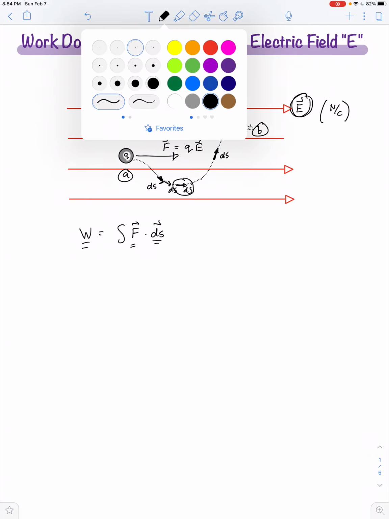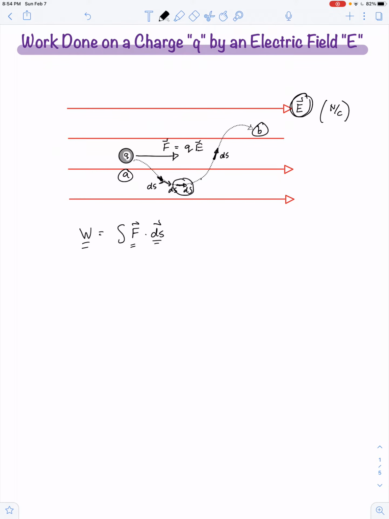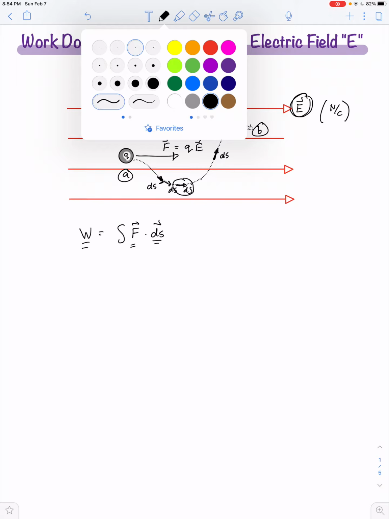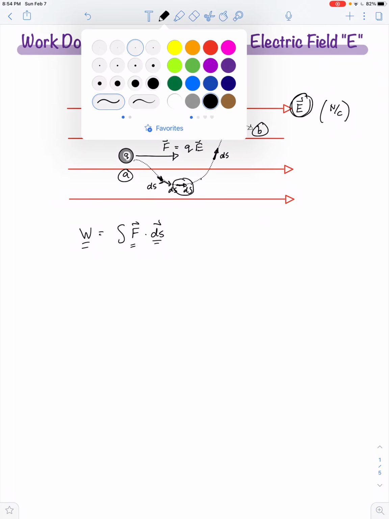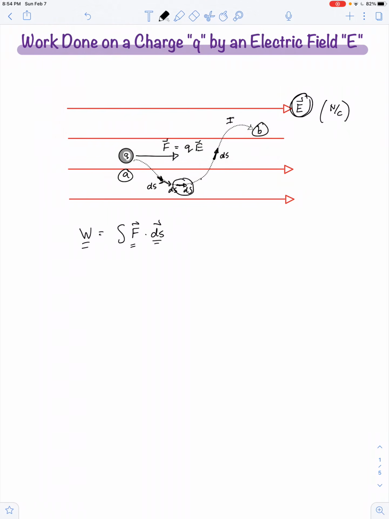It turns out the amount of work done moving the charge on the first path shown, we'll call this path 1, ends up being the same as the amount of work done on this path.